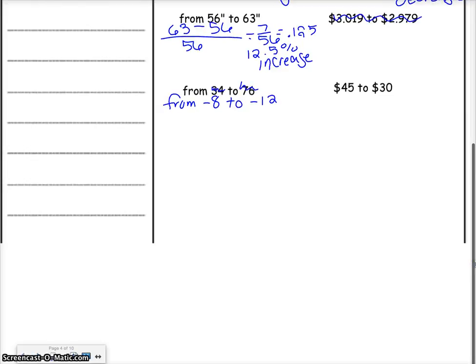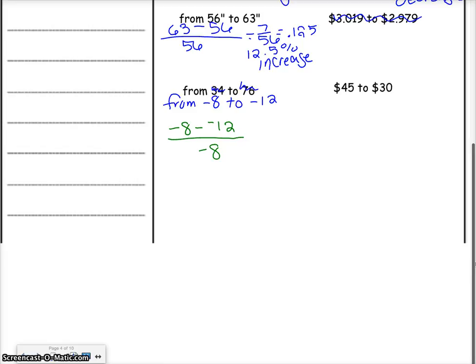Okay, so same thing. Big number, take away the small number. Which one's bigger, -8 or -12? -8 is bigger, right? Because the bigger the negative, the smaller it is. So -8, take away the smaller, -12, all over where I started. Where did I start? Negative 8.